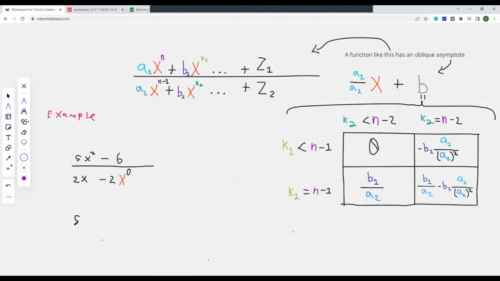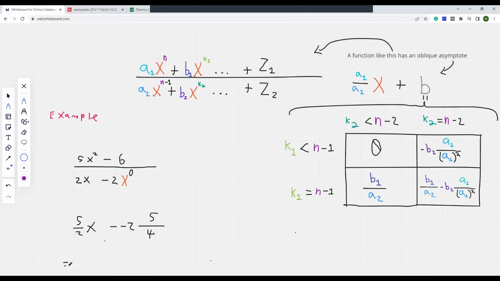So now we know our oblique asymptote is 5 over 2x minus 2 times 5 over 4. So that equals 5 over 2x plus 10 over 4. Okay, awesome.